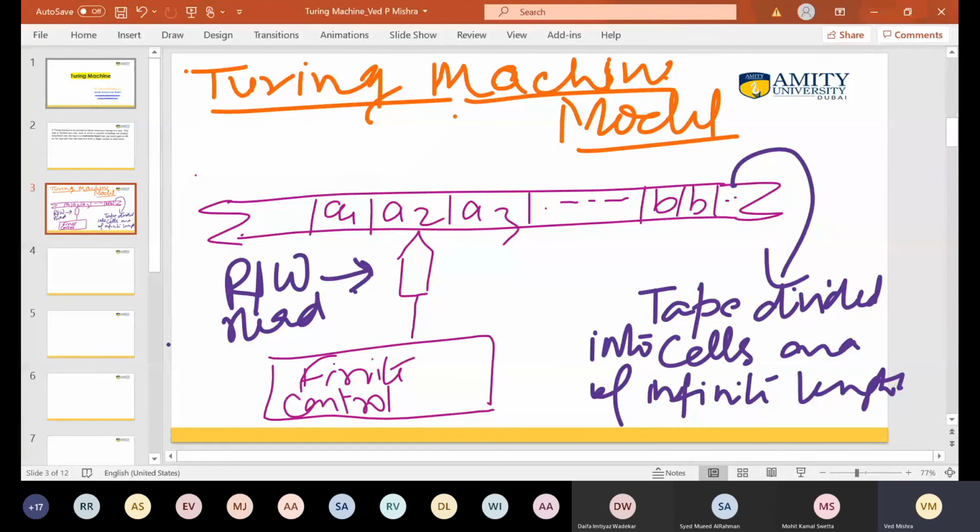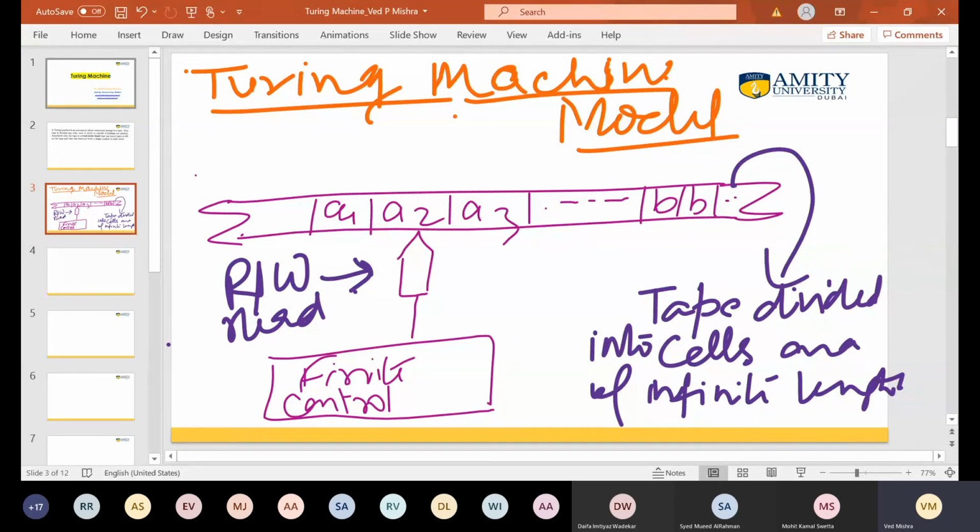Now here is one more thing which neither was in the pushdown automata nor in any previous machine. The direction will also be given, whether it should move left or whether it should move right. So what happens?